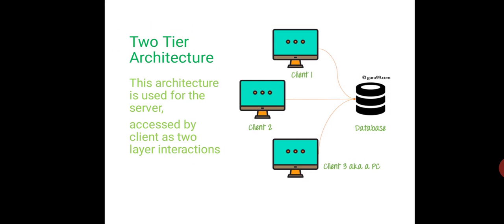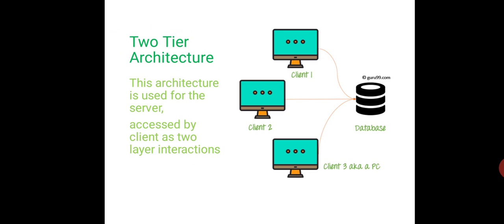Then the two tier architecture. Two tier architecture means you have the client and the server with its database. In the diagram, the database is the server, and we have three clients, client 1, client 2 and client 3. All these three clients can send requests directly to the server, and it will give back to the client what they need.